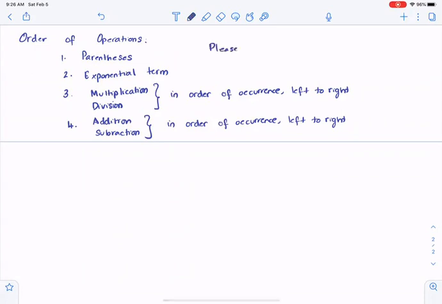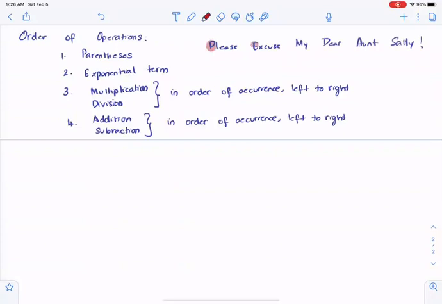Please excuse my dear Aunt Sally. P-E-M-D-A-S, PEMDAS. So PEMDAS would give you the order of operations in which you've got to simplify an expression.